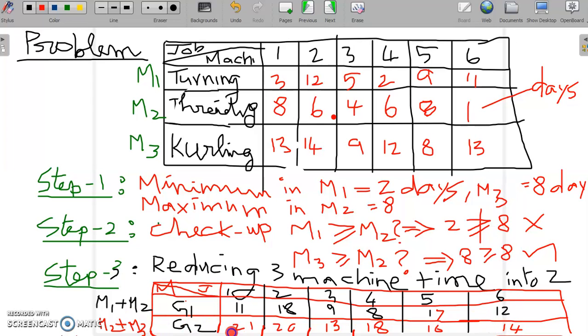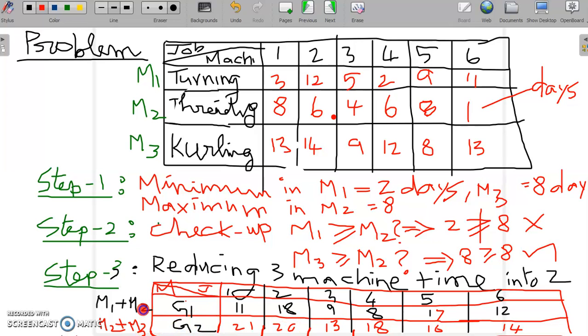This is the way we get the second machine processing time, and the first machine processing time. This is how we reduce three machines into two machine times.